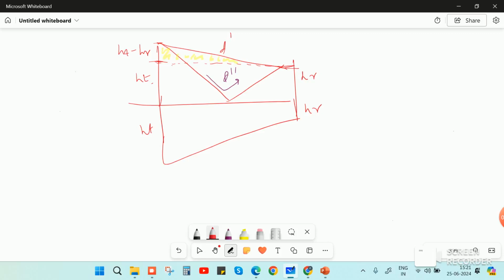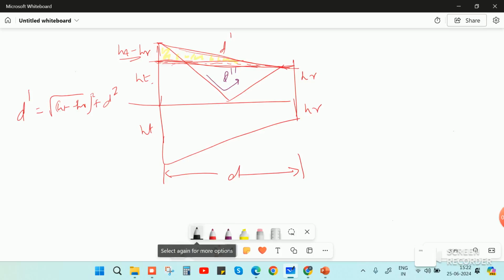I can find out the distance by using the Pythagoras theorem. For this triangle, what is this distance? It is the distance traveled between the transmitter and the receiver. So d dash is the square root of ht minus hr whole square plus d square.